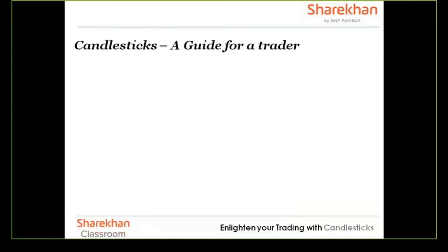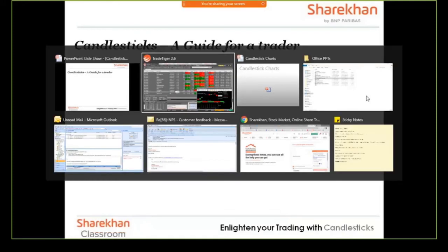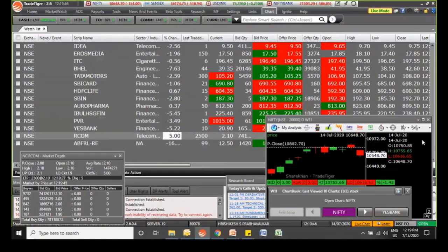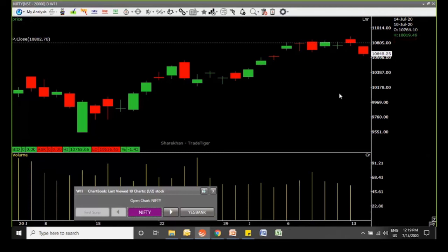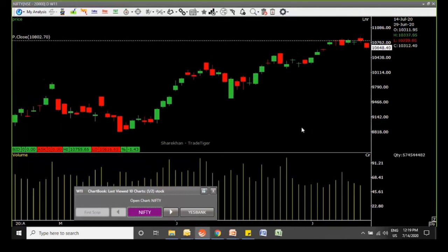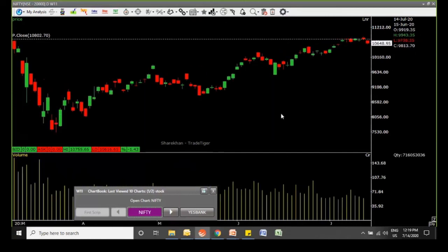Now, before we go further, let us look at some live examples. So this is the chart of Nifty, and as you can see, these are the candles. This is how the candles look. And if we even look at some smaller time frame charts, as I said, you can refer to the smaller time frame chart.